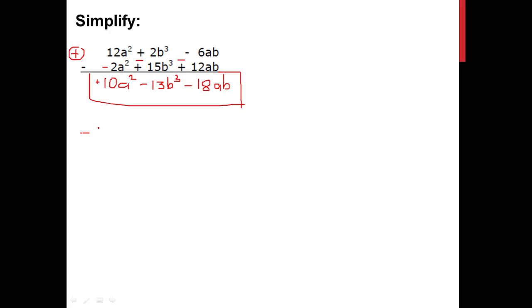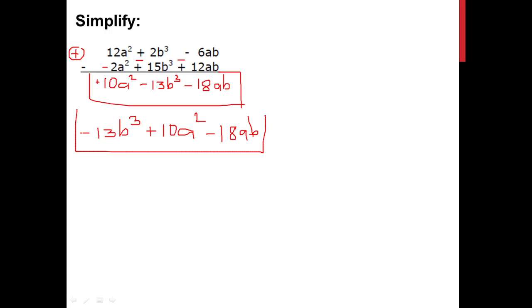You can also write that one as negative 13 b raised to the power 3 plus, since this one is positive, plus 10 a squared minus 18 ab. It's the same answer. Make sure that when you rearrange the terms, the sign will not change.